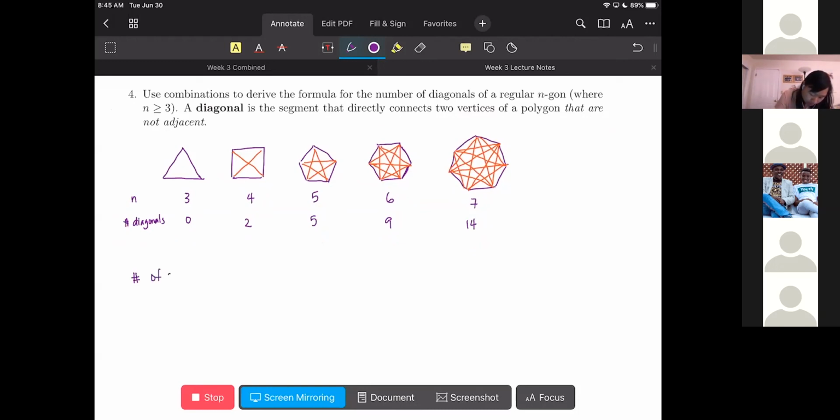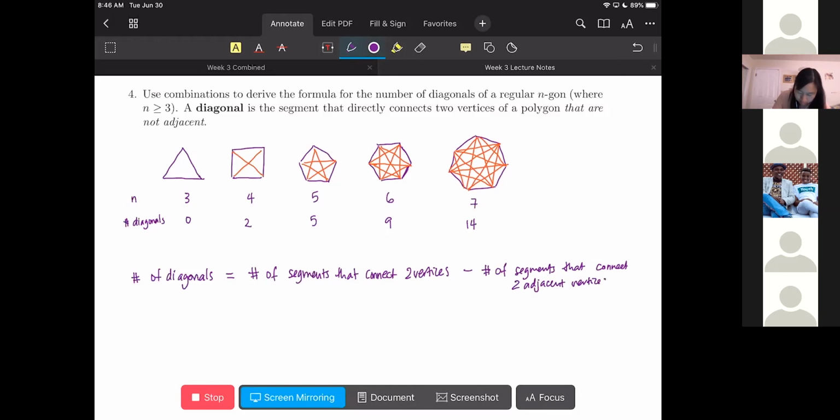number of diagonals. There's a couple ways we can count this, but let's first try using combinations. So number of diagonals equals number of segments that connect two vertices minus number of segments that connect two adjacent vertices.